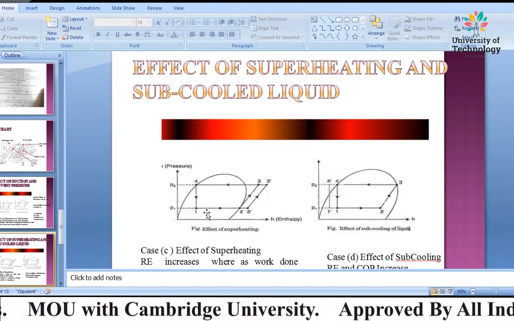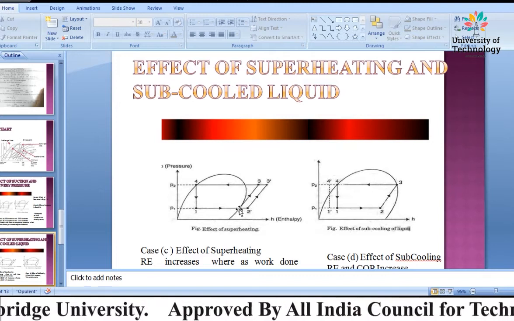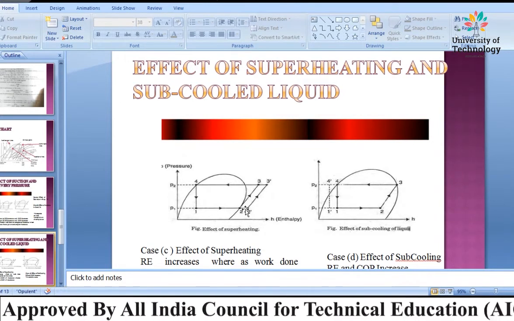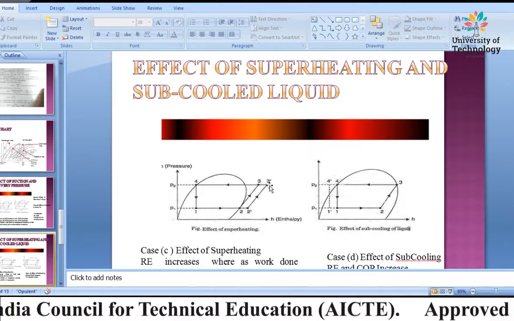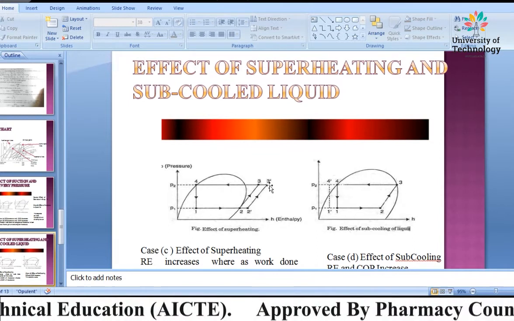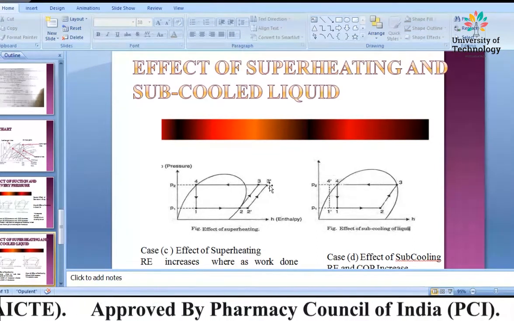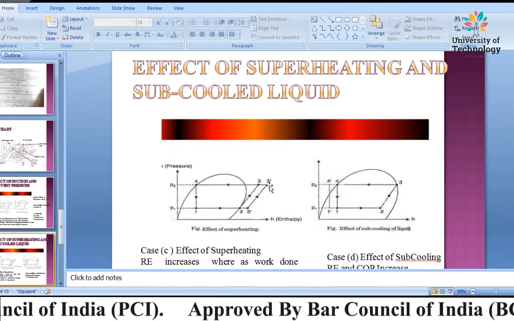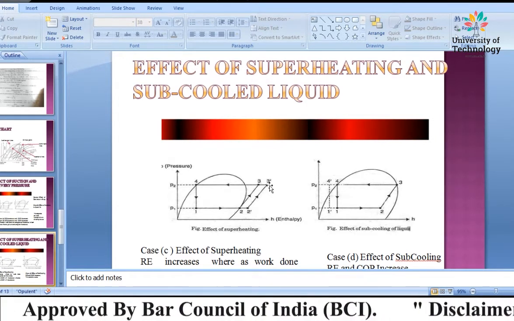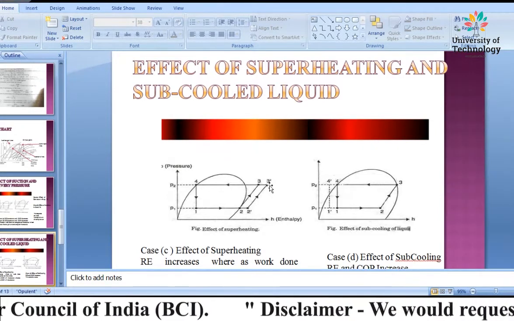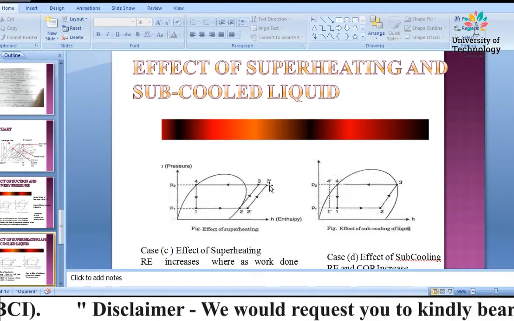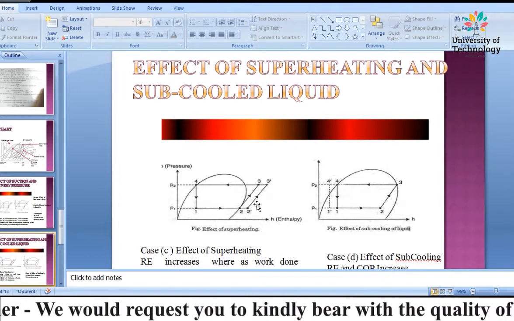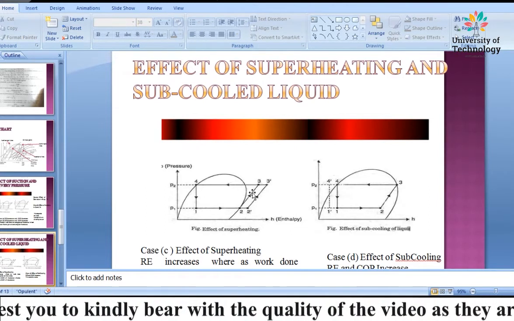So in this condition, refrigerant effect increases and compressor work also increases. So we are not able to tell whether COP increases, decreases or remains the same. It depends on which type of refrigerant we are using.